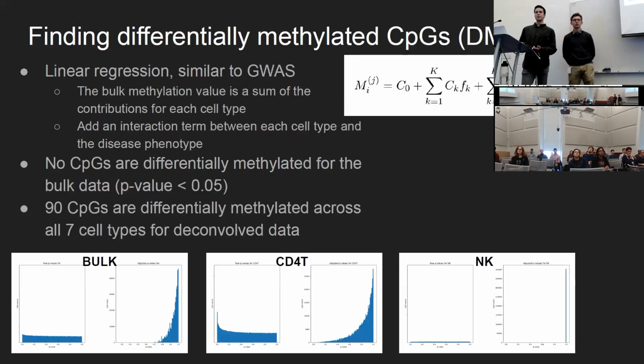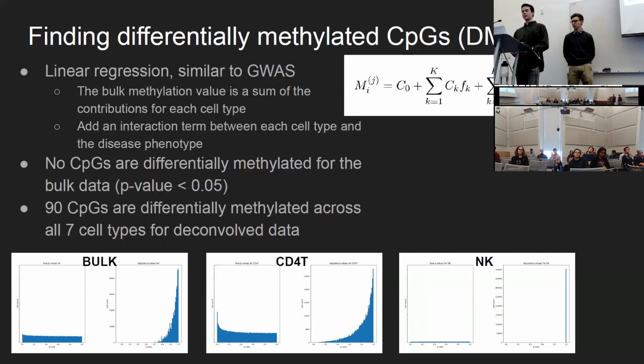So once we know the cell fractions of our bulk data, we can use linear regression techniques similar to those that we learned about for GWAS in order to estimate these cell-specific and phenotype-specific contributions towards the bulk methylation values that we observe. So we run this linear regression for every cell type, for every CpG location.